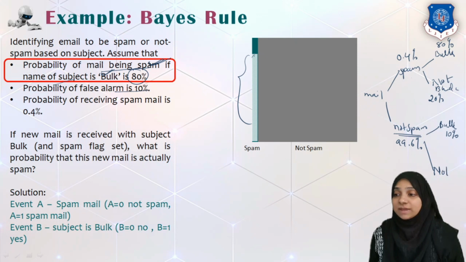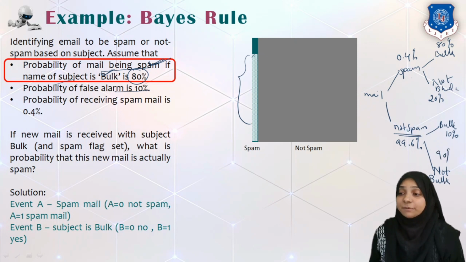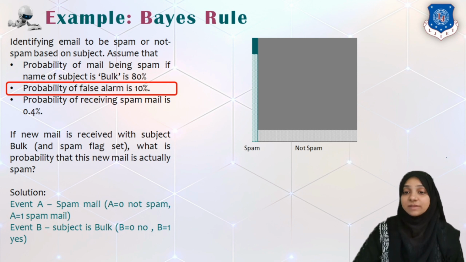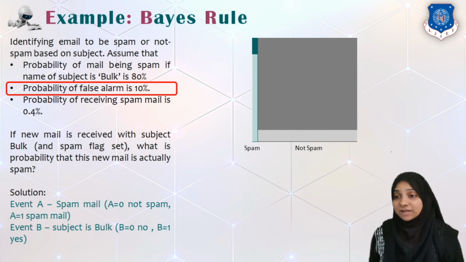And the probability of a mail which is not spam and doesn't contain bulk is 90% of the remaining mails. So this is the area of not spam type, and this is 10% of this 99.6%, and this is 80% of 0.4%.